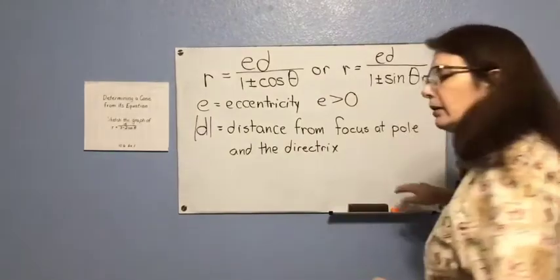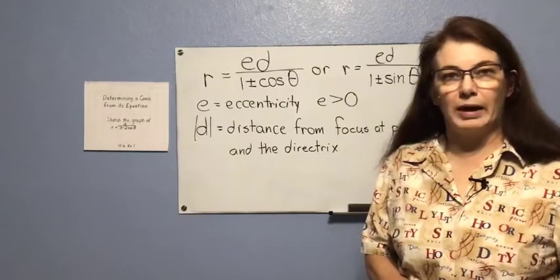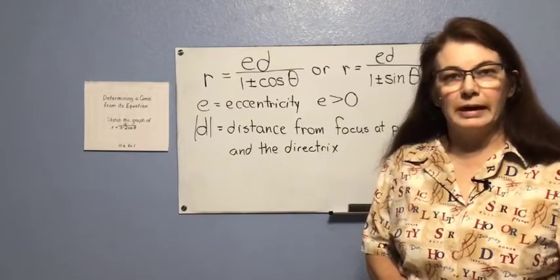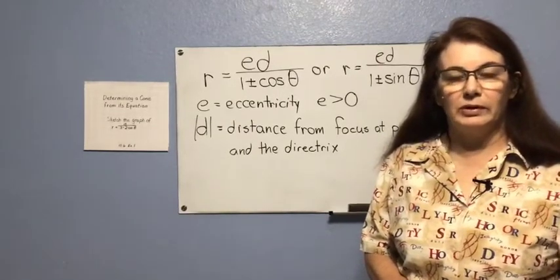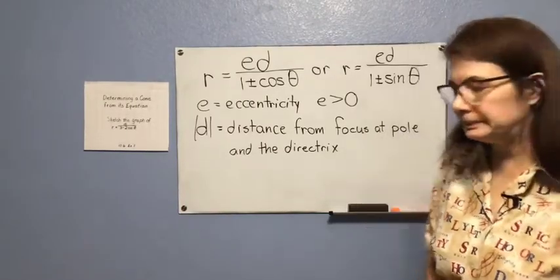Earlier, we only talked about the directrix really when we were talking about parabolas, but there's also a directrix for ellipses and one for hyperbolas, and we'll look at that in this section.